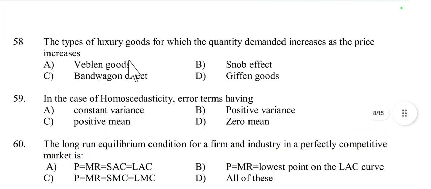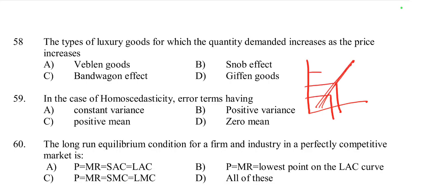Then question number 58: the type of luxury goods for which the quantity demanded increases as price increases. When the price of that particular luxury good increases, its quantity demanded also increases. It is called a Veblen good.